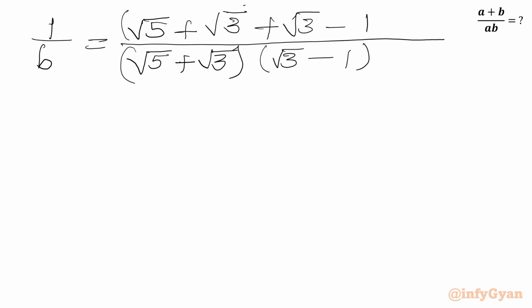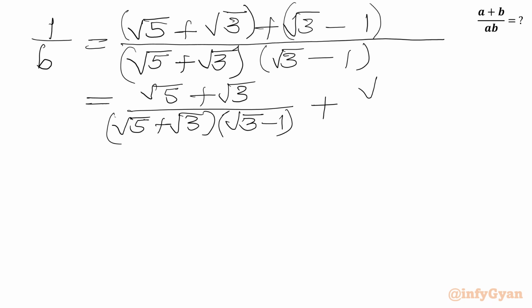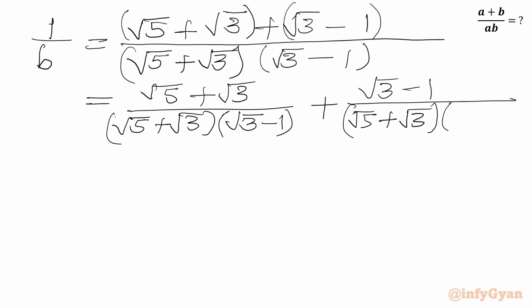Again I will split my numerator with respect to these brackets. I can write root 5 plus root 3 over root 5 plus root 3 times root 3 minus 1, plus root 3 minus 1 over root 5 plus root 3 times root 3 minus 1.